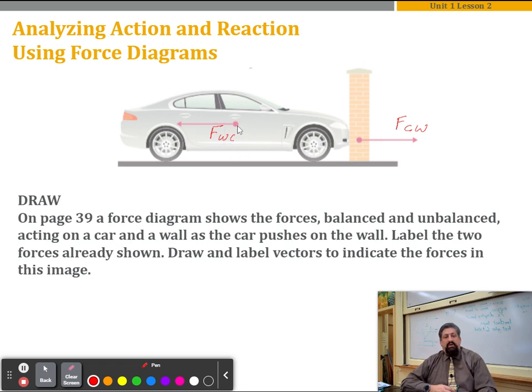Okay, what other forces are there? Well, there's going to be a force of gravity. So that is, to stick with this convention, the force of the Earth on the car.